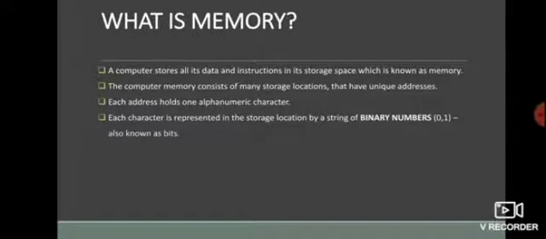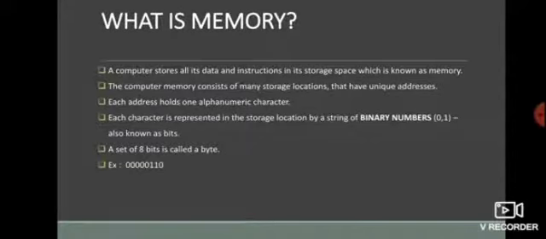This 0 and 1 is known as bits. A set of 8 bits is called a byte. Computer memory is always measured in bytes. So a group of 8 bits is known as 1 byte.